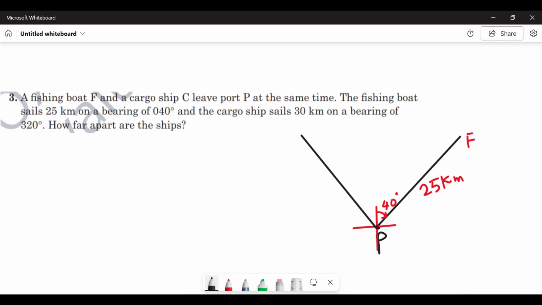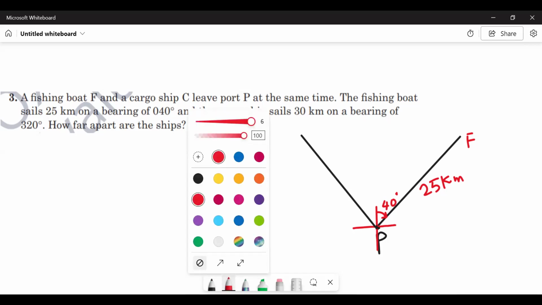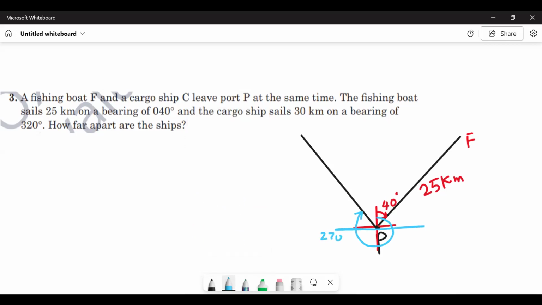So if we take the bearing of this line, this cargo ship, it will start from this line to this line. Up till this quadrant, it will be 270, and the upper one becomes the complete 320 degrees.